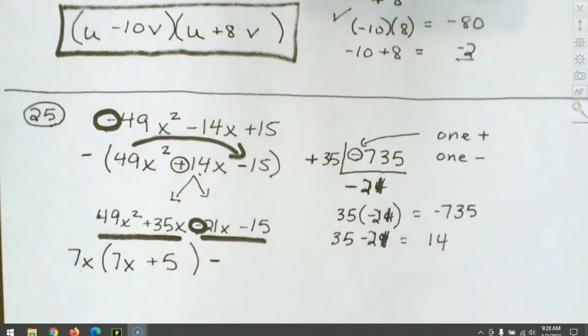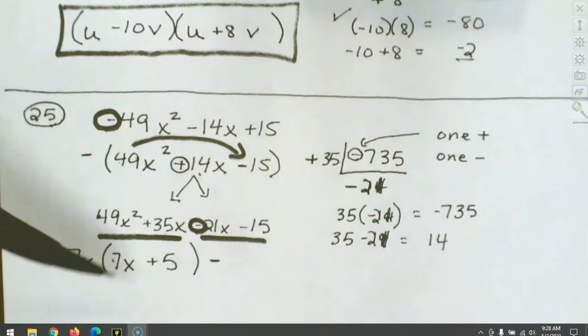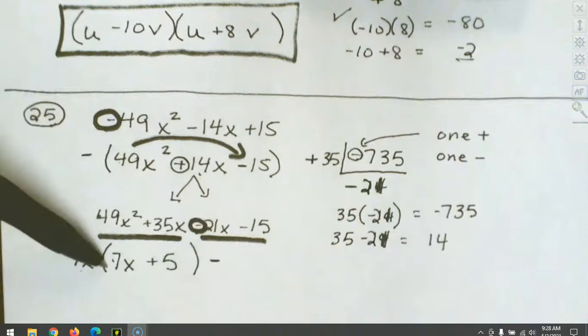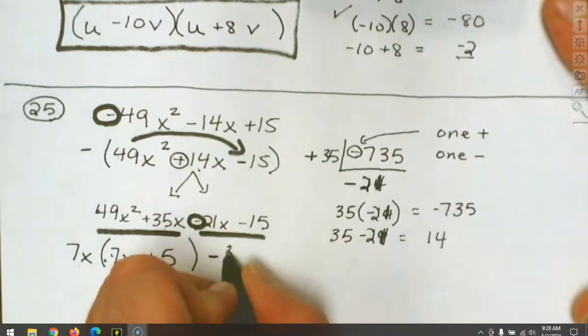Right, you've got to find the number. Now, if you struggle trying to find the number, look and see what you need. I need a 7x. What's 21 divided by 7? 21 divided by 7 is a what? 3. So that gives you a little bit of an easier hint to get the number.